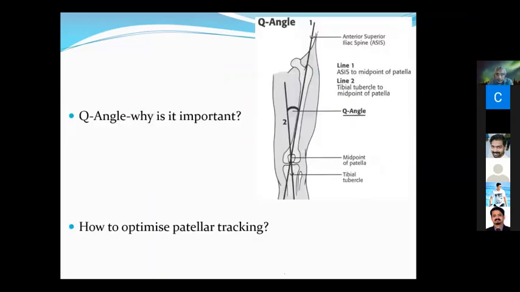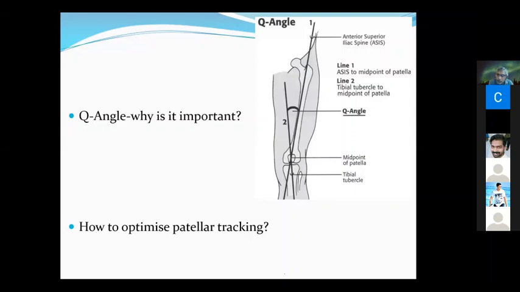So how do you optimize tracking? At the end of the knee replacement, you would have noticed that everyone wants to make sure your patella is not flipping off, that it is staying in line, moving in the trochlear groove.